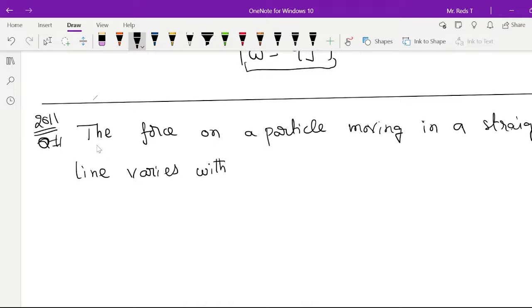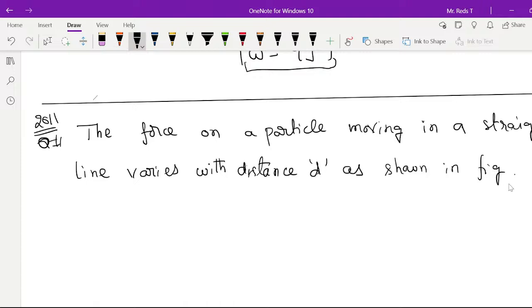The force on a particle moving in a straight line varies with the distance d, as shown in figure. I'll give you the figure.